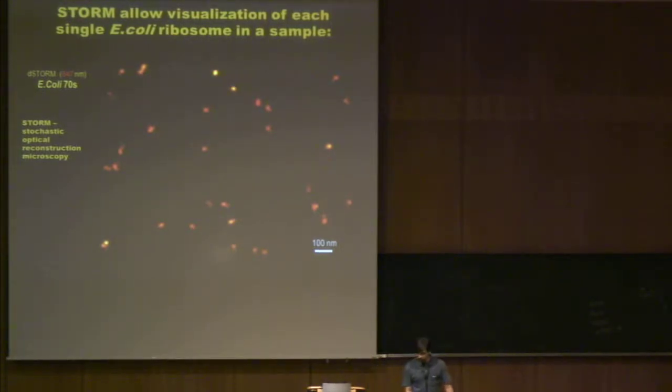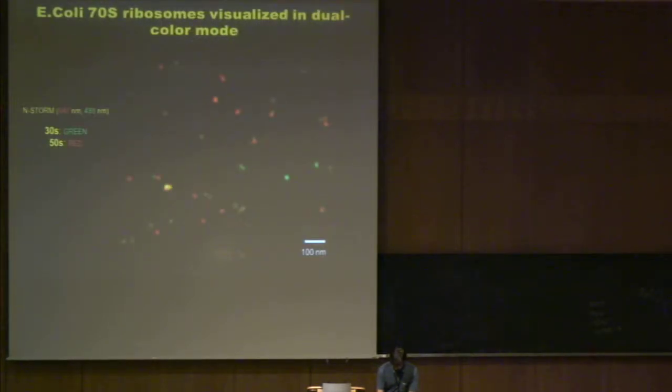We chose the model objects. These are E. coli ribosomes. This is a simple object to visualize. So you can see each ribosome well, and further we visualized the ribosomes in dual color mode in STORM microscopy.